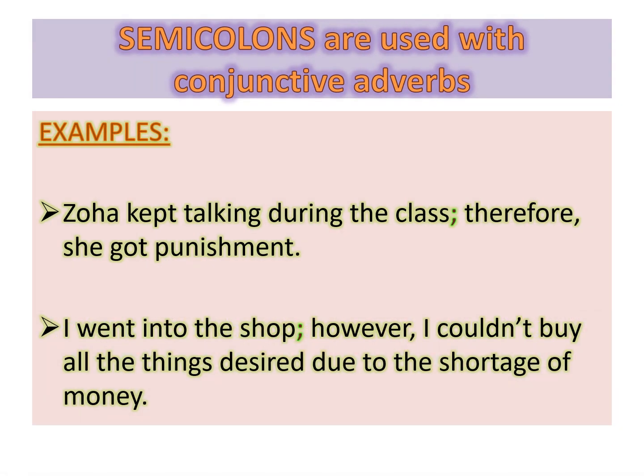Semicolons are used with conjunctive adverbs. So students, first we should understand the conjunctive adverbs. What is a conjunctive adverb? A conjunctive adverb is a word that joins one part of a sentence to another part of a sentence.